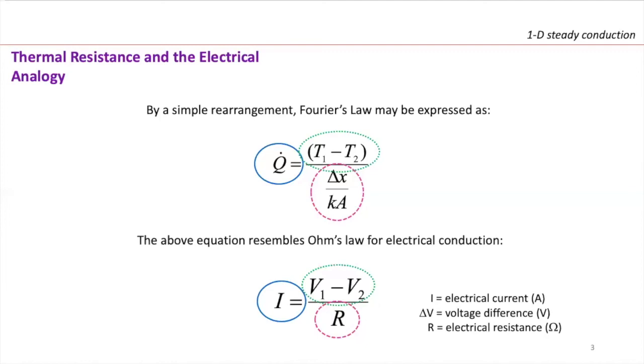Layers of walls or cylinders. So this analogy is pretty important, and it comes from this simple view of rearranging the Fourier law similar to Ohm's law, and recognizing that this term is what we are going to call thermal resistance, because it's similar to the electrical resistance in Ohm's law, right?